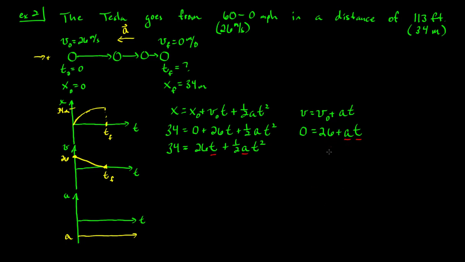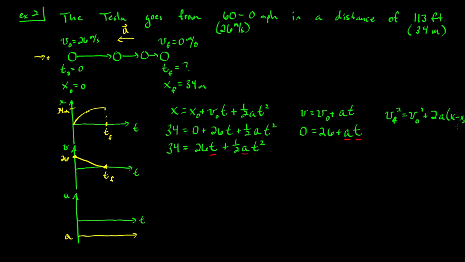Okay, there's only one other option, and this one would make sense because we don't know the time. When we don't know time, you're usually going to have to jump straight to this one. I'm sorry, that should be VF squared equals V naught squared plus 2a times x minus x naught. I know I kind of went off the screen there, but I'll rewrite it.